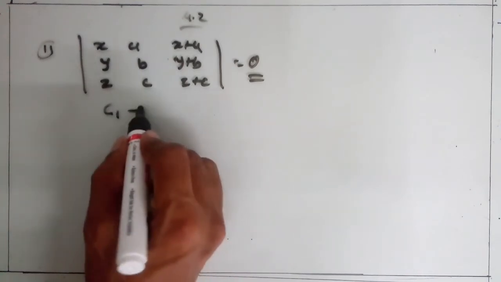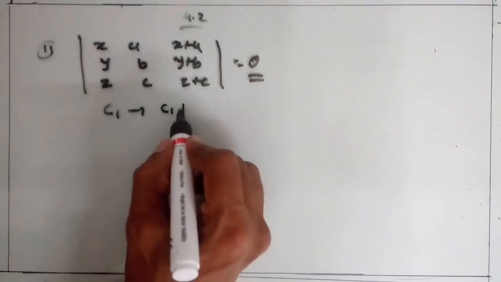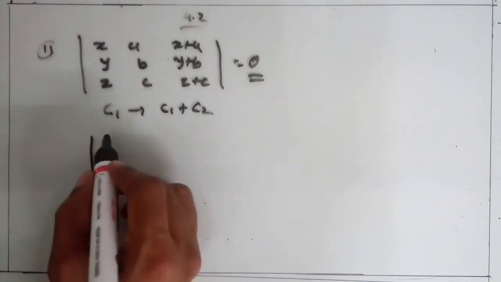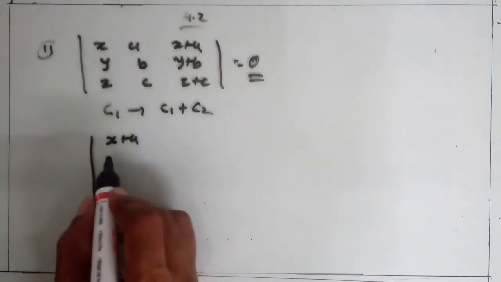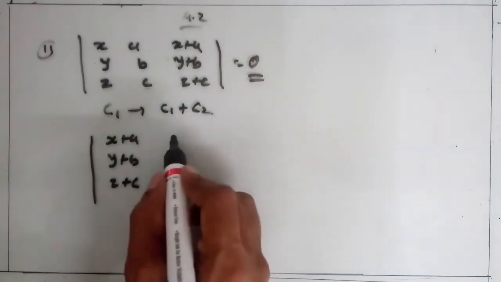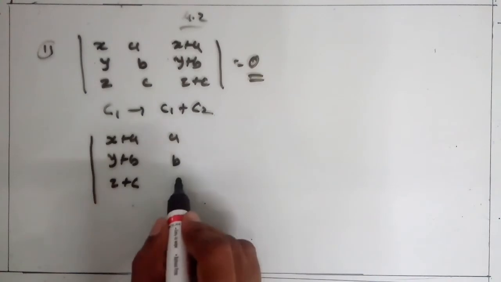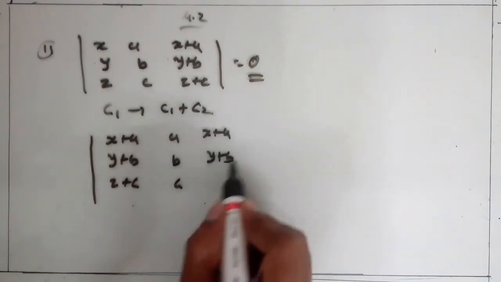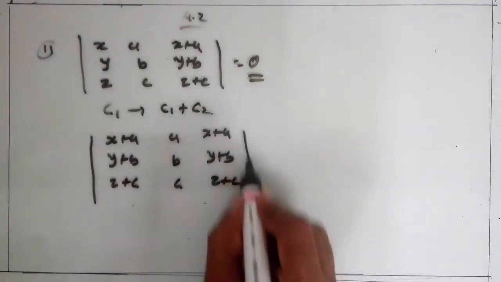C1 implies C1 plus C2. So here we get x plus a, y plus b, z plus c, a, b, c, x plus a, y plus b, z plus c. Clear?